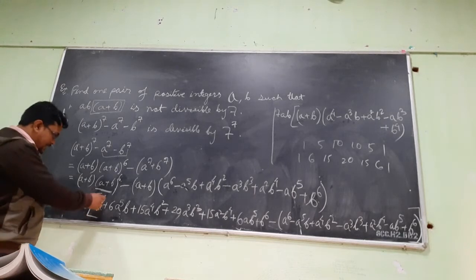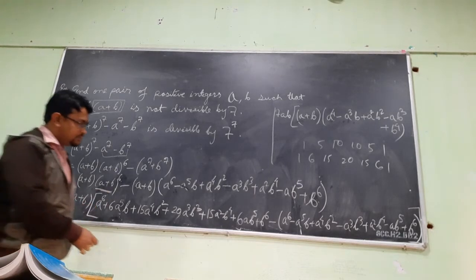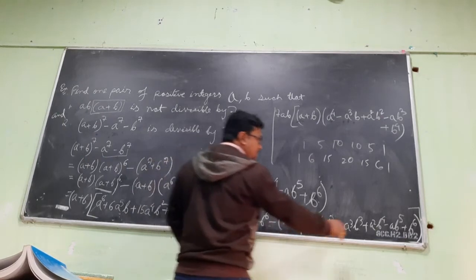Now here we see a to the power 6 term will get cancelled, and b to the power 6 term will also get cancelled.